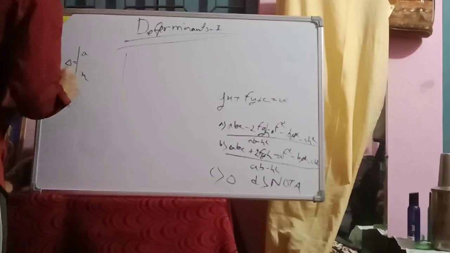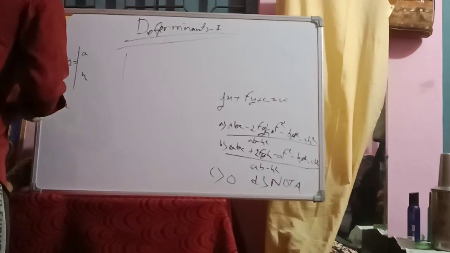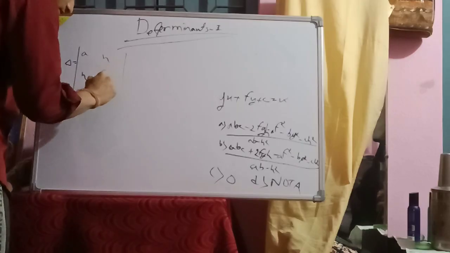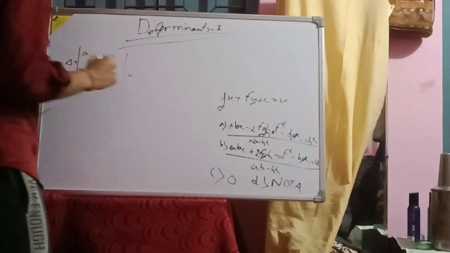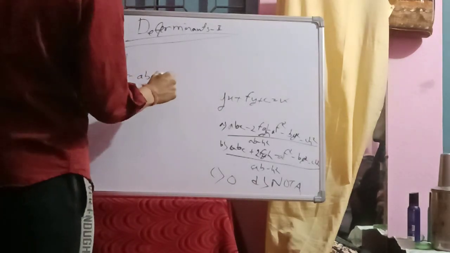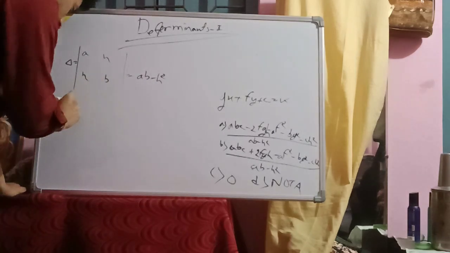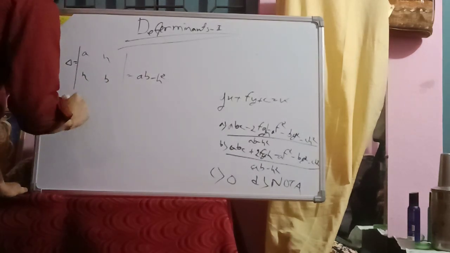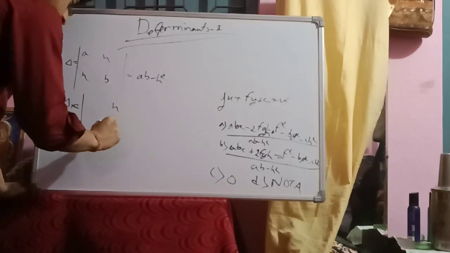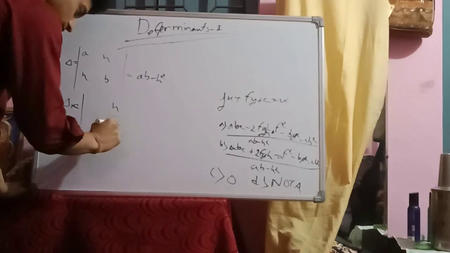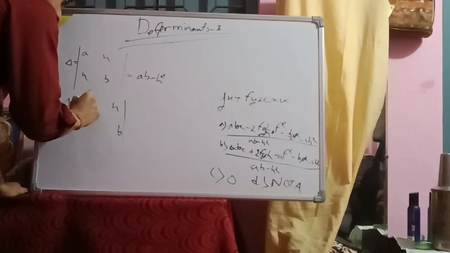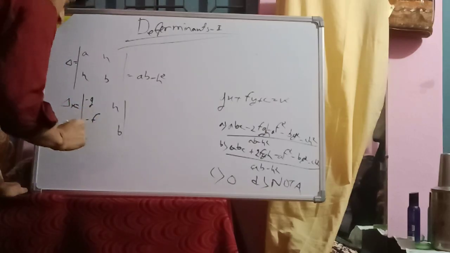a h in the first column. Second column will consist of h and b. This would be ab minus h square. Now delta x is going to have negative g and negative f in the first column, and h and b in the second column.